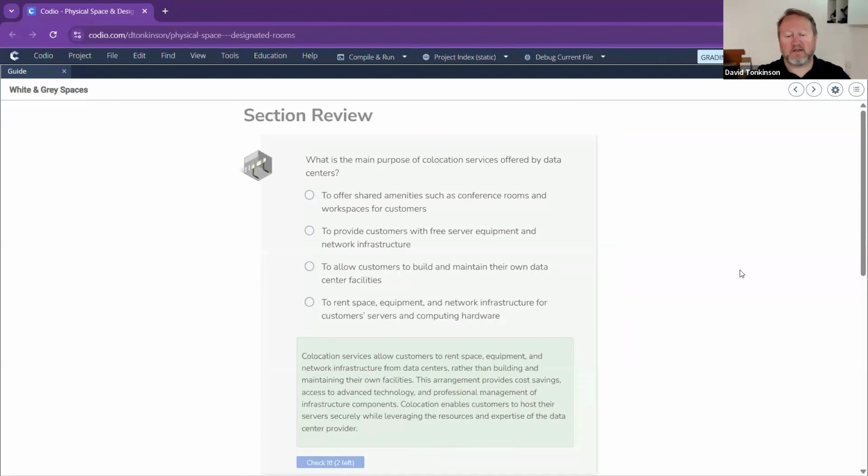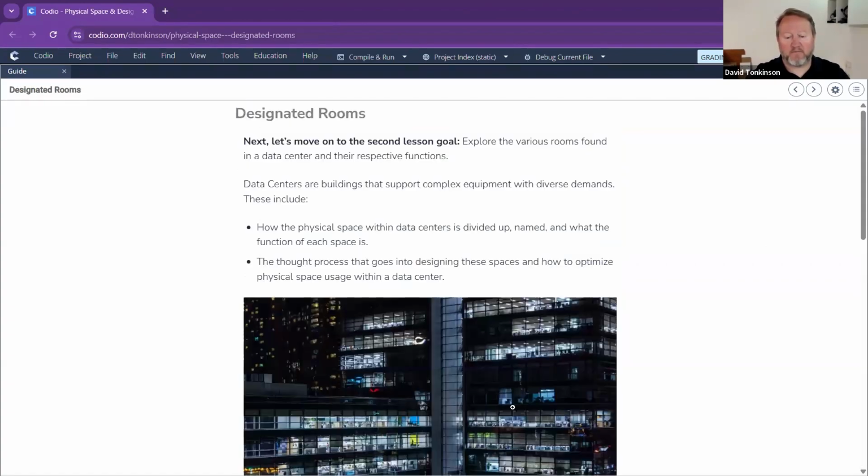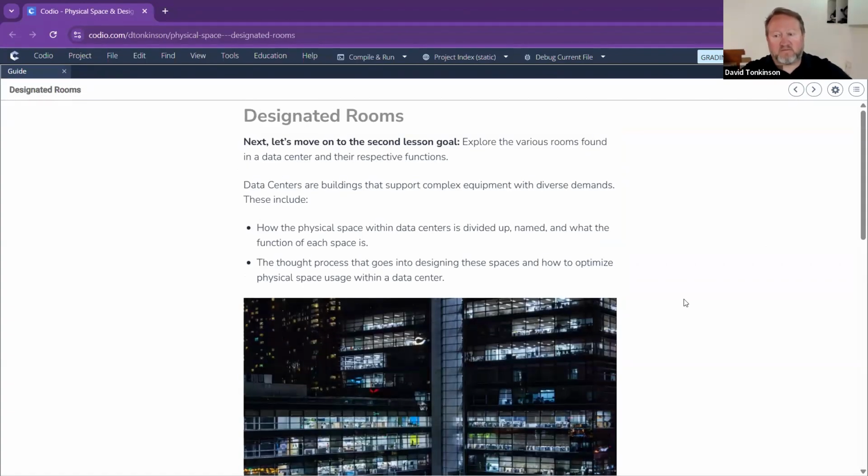Okay, so that's kind of co-location and what co-location is about. I'll go through the review because we can do that. Within our now defined white and grey space, we have designated rooms. This is where we really get into the nitty-gritty and begin to break things up. Physical locations of the rooms are really important.